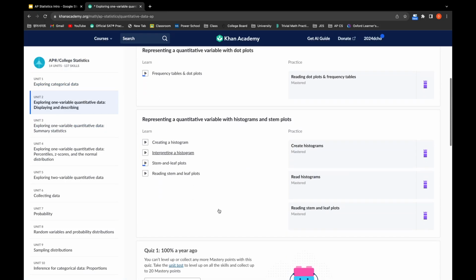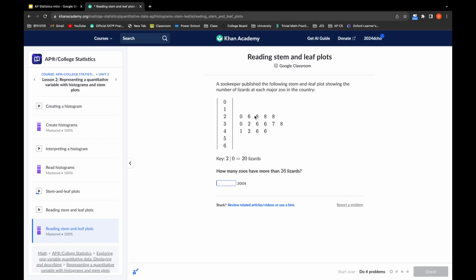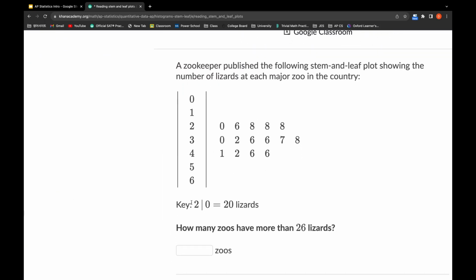Let's go to stem plot problems and try two of them. A zookeeper published the following stem and leaf plot showing the number of lizards at each major zoo in the country. The first thing I'll do when solving a stem plot problem is read the description or title of the graph so that I can get a brief understanding of what the data is trying to say, and the key.